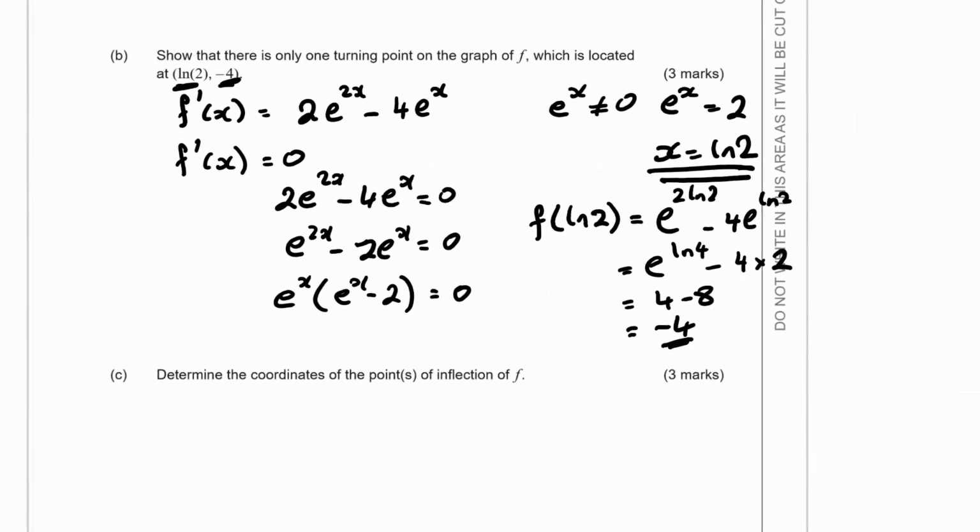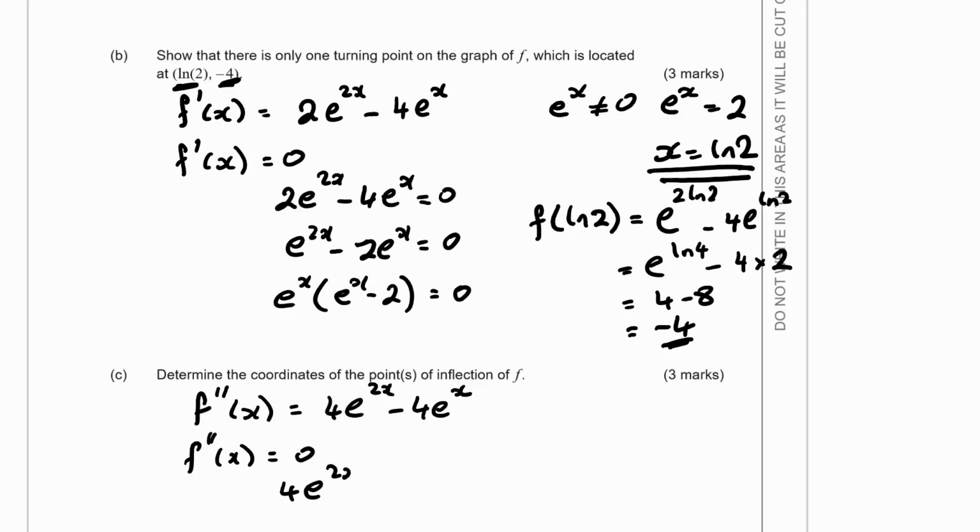Determine the coordinates of the points of inflection of f. So if we differentiate again, we get 4e to the 2x, take away 4e to the x, and we want f double dashed to be 0, which means that 4e to the 2x, take away 4e to the x is equal to 0.